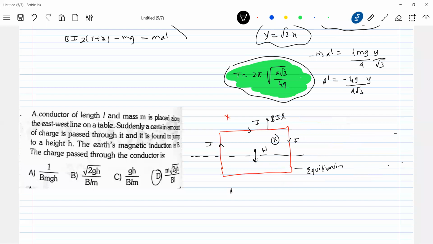I'll write it here: BIL minus W equal to 0. Let me displace it slightly from equilibrium.